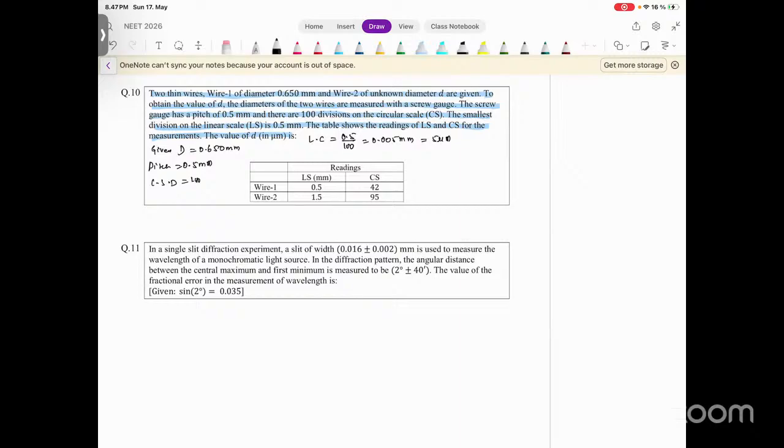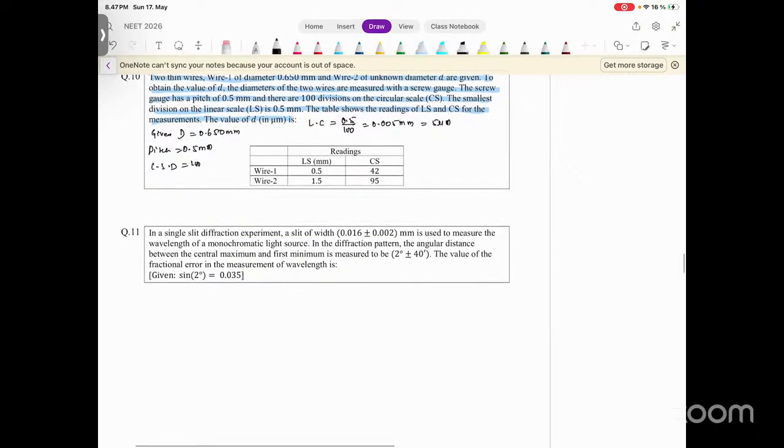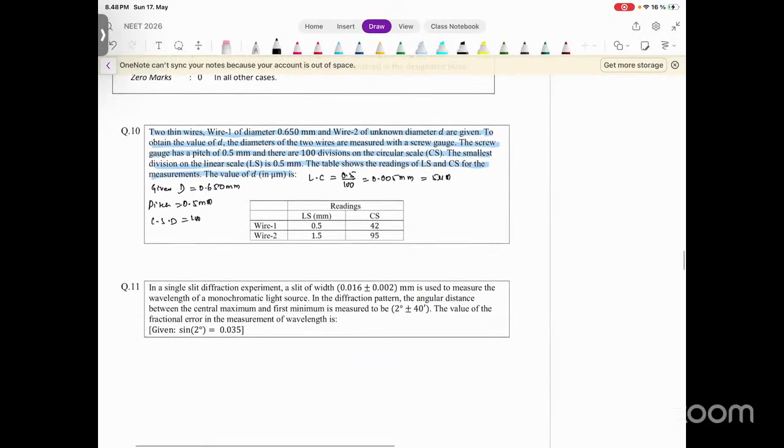Now, using the readings from the table, which are not clearly visible, the measured diameter difference must come out to be approximately 0.95, the difference between them. The table shows the smallest division of the linear scale is 0.5.